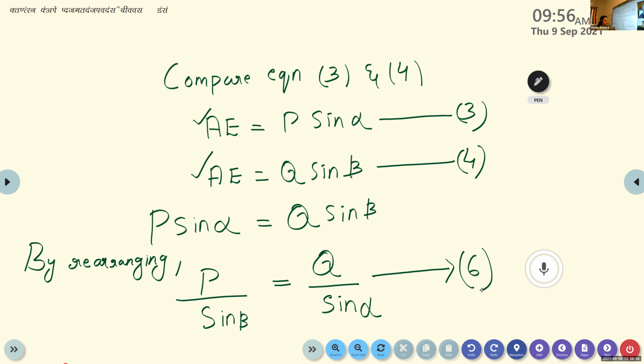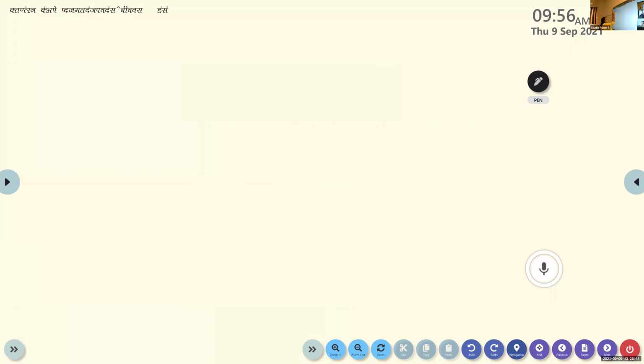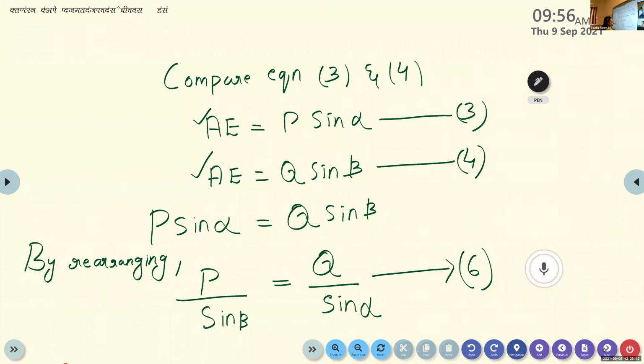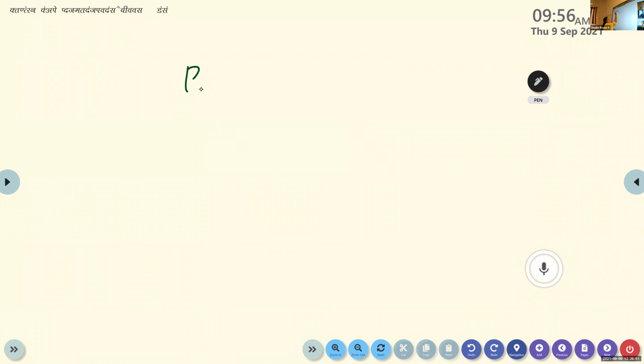So here we get two new equations, equation number 5 and equation number 6. What is our equation number 5? R by sine theta is equal to Q by sine alpha.